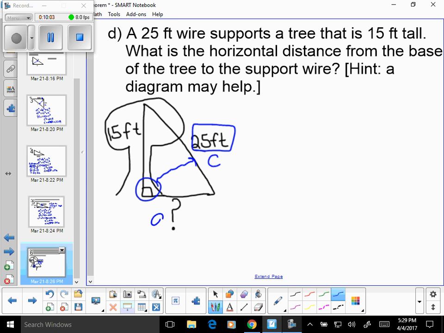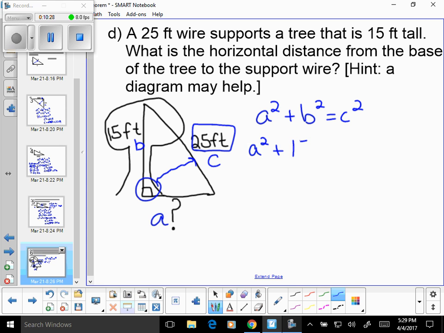I'm going to let my unknown be A and the one part I do know as a B, simply because I much prefer to have my variable on my left side. A squared plus B squared equals C squared. That's my formula. Now I substitute. A squared, I don't know it.